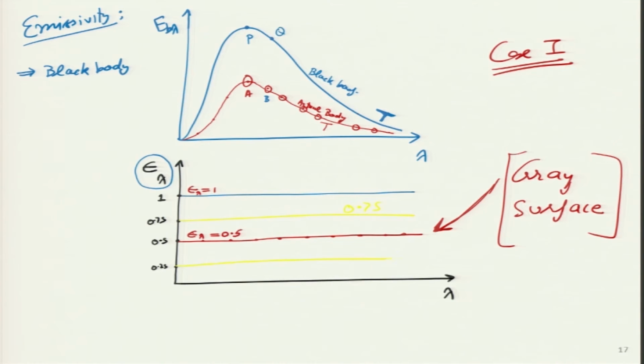This is another gray body having emissivity 0.25. So, all bodies where emissivity is not a function of wavelength, it is just constant with wavelength, that is a gray body. And one of those gray bodies may have emissivity even equal to 1. And that is a special gray body which we call a black body. So, a black body is kind of a subset of a gray body.